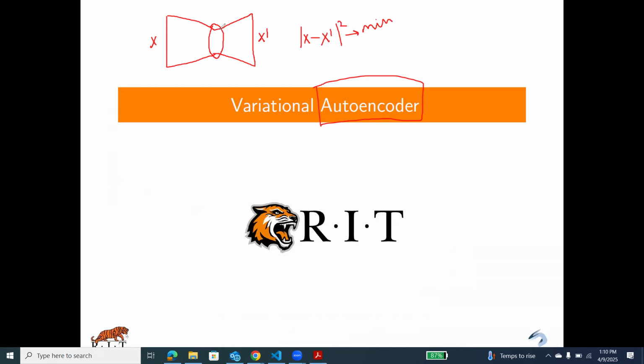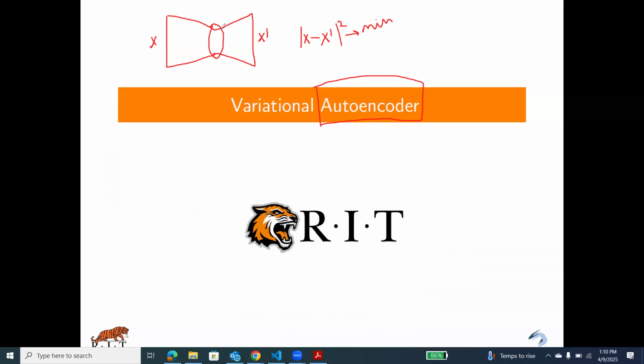So the idea of these autoencoder models was to squeeze this information into smaller dimensions and use this as representation of our data.